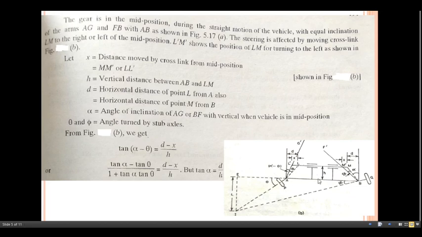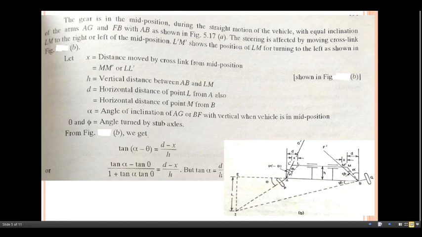And D is nothing but the horizontal distance of the point L from A. Also the horizontal distance between the point M and the point B.